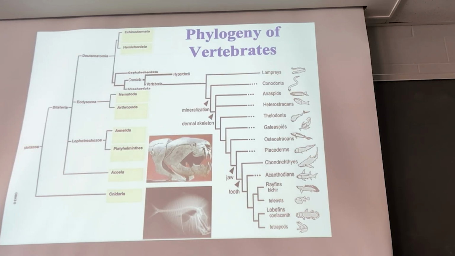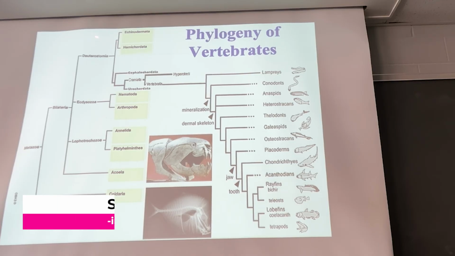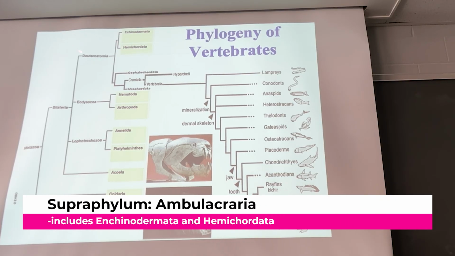Okay, so here's our phylogeny. Metazoa, remember that means tissues. We have Bilateria, our infrakingdom, and Deuterostomia, one of our subkingdoms. We have two superphyla. It's not written up here, but remember Ambulacraria is the name of the superphylum, and we have two phyla within it: Echinodermata and Hemichordata. So remember we talked about the hemichordates.